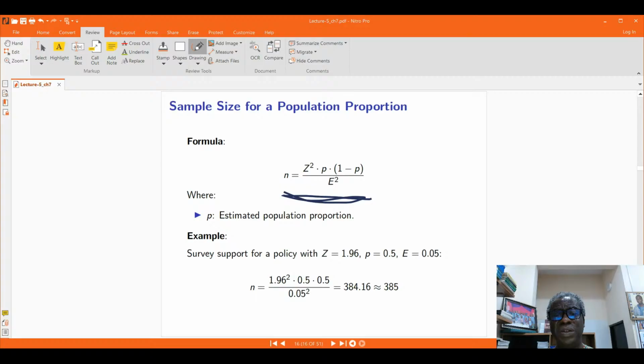So in this example, our interest is to conduct a survey to estimate voter support for a policy.